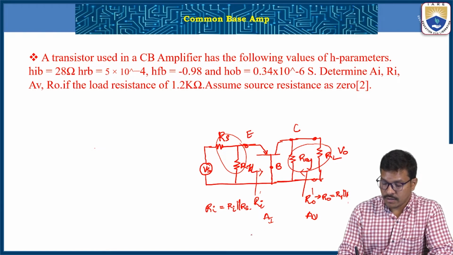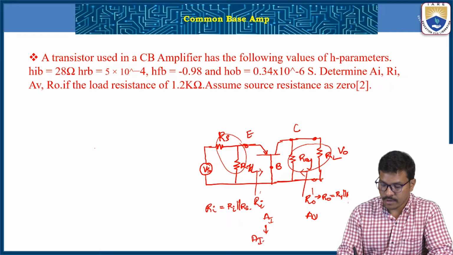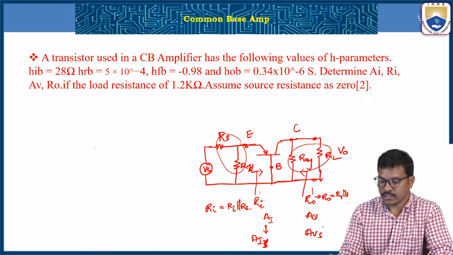So by including the source resistance, we will get some different current gain, which we can represent with AIS, and AVS.